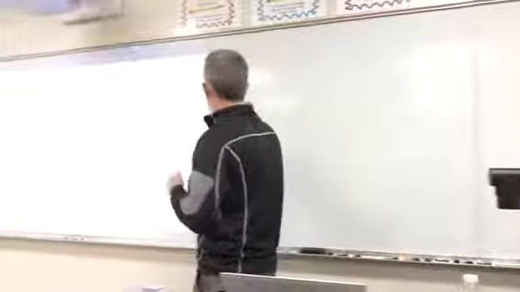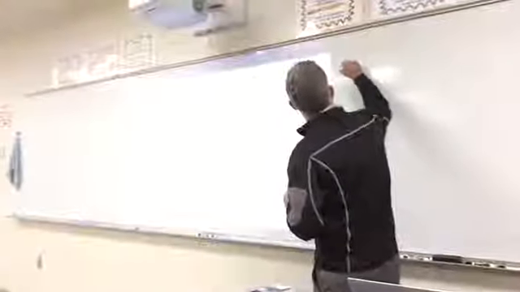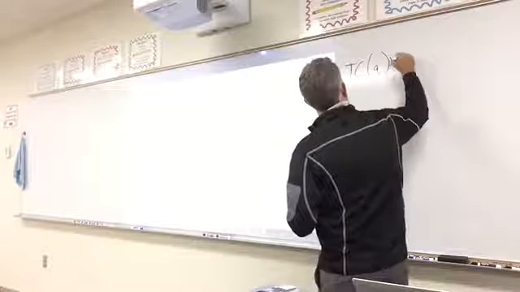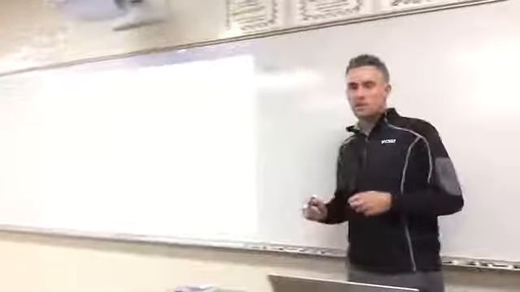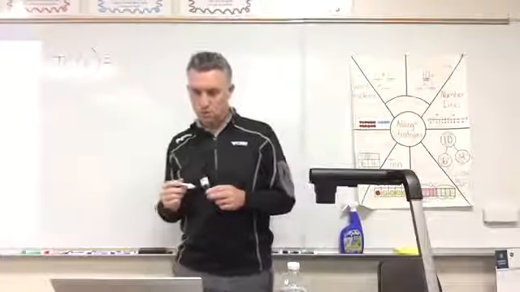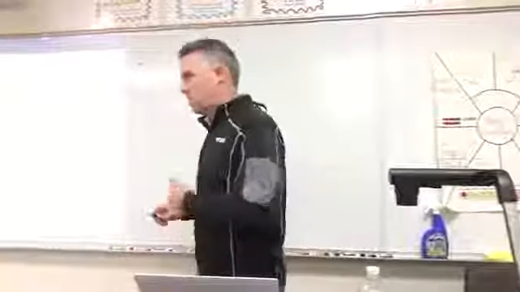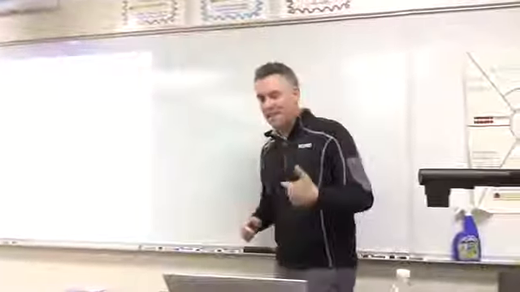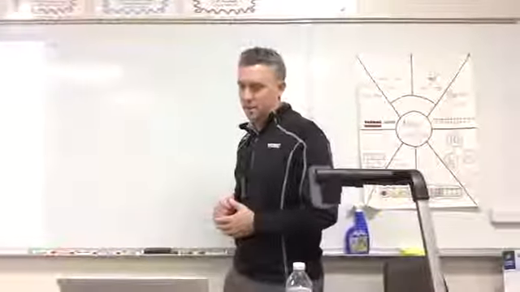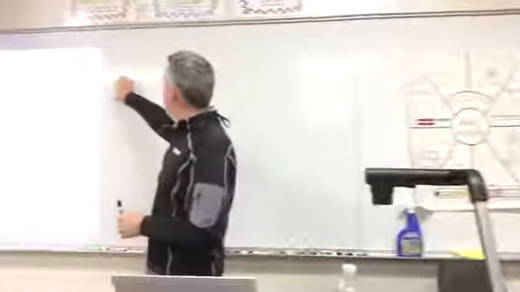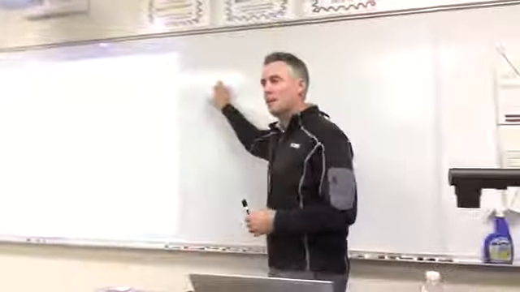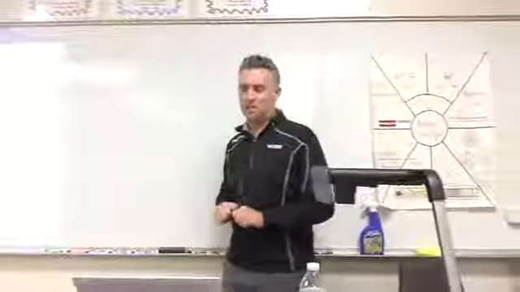If we're writing this in function notation, it would be TC of Q, where TC is our dependent variable and Q is our independent variable. So you could think of TC as being the y-axis and Q being the x-axis.